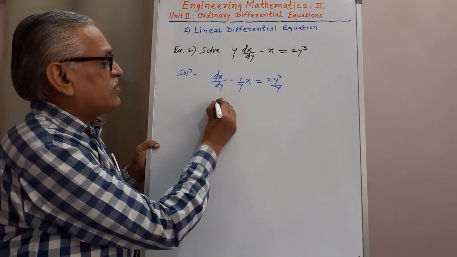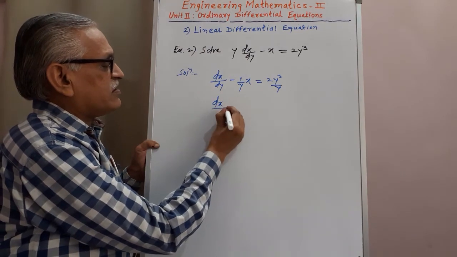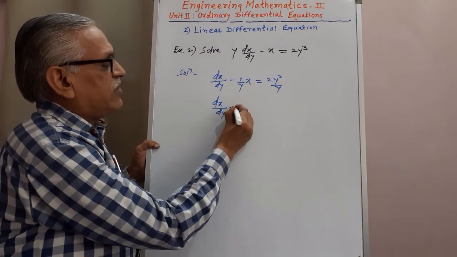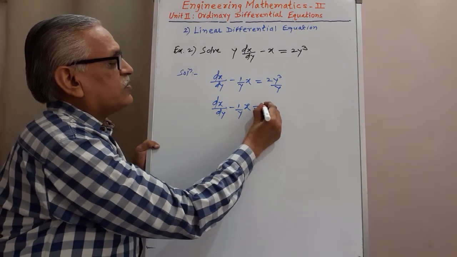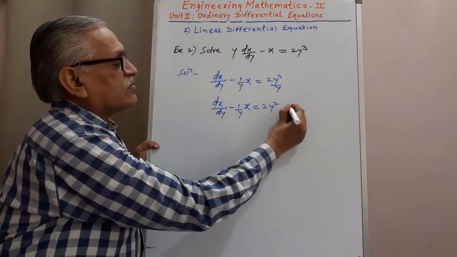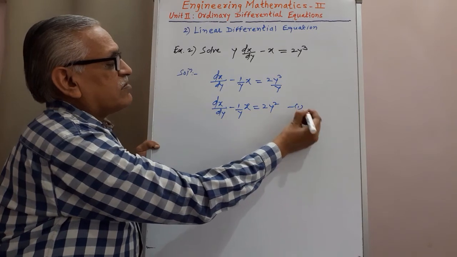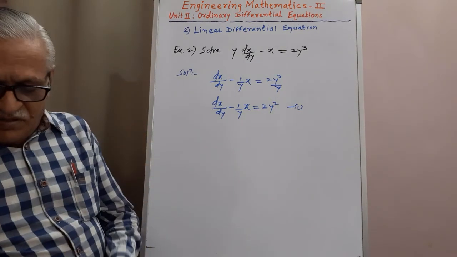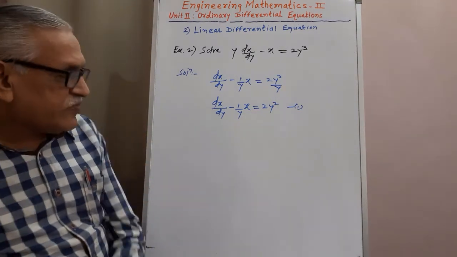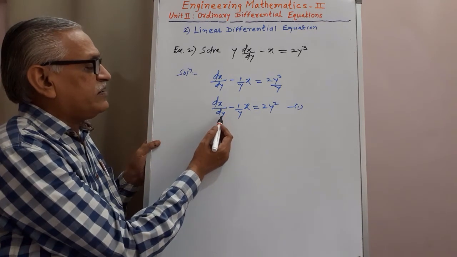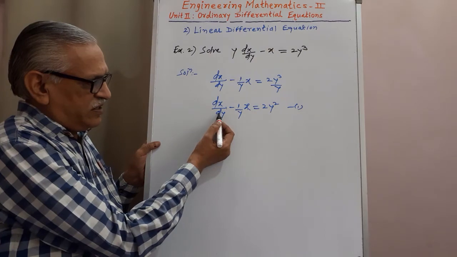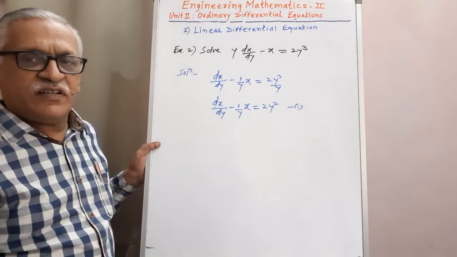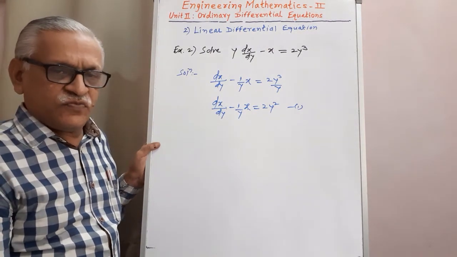That means we have dx by dy minus 1 by y into x is equal to 2y square. x is dependent, y is independent, the degree of x is 1, and the degree of dx by dy is also 1, so the first condition is true.